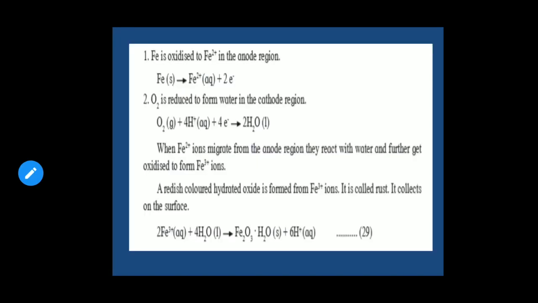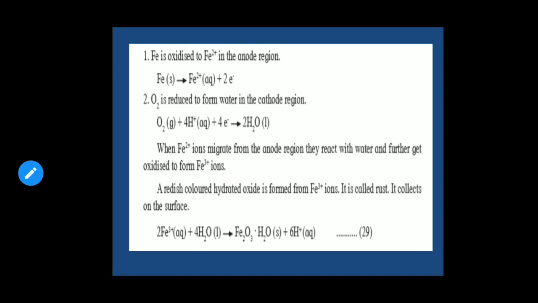Fe is oxidized to Fe2+ in anode region. So this is an oxidation reaction because of loss of electrons. Fe loses 2 electrons and forms Fe2+ in anode region.